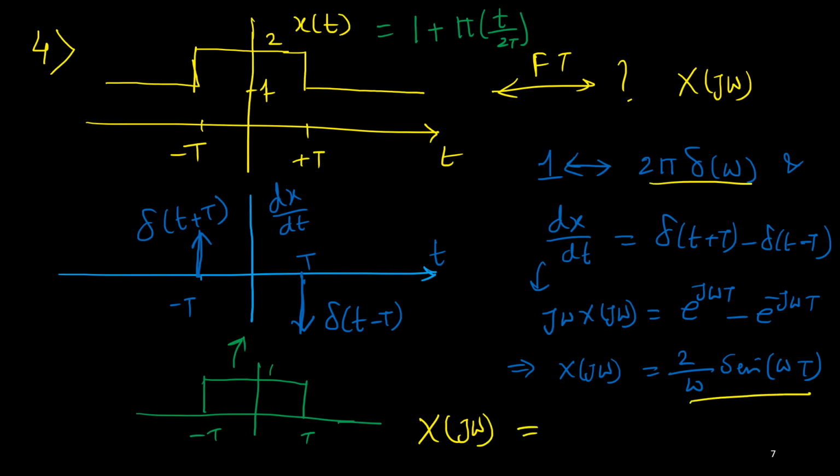It is 2 pi delta omega plus 2 upon omega sine omega T. So from here we can find, if we know that the Fourier transform of pi of t upon 2T is 2 upon omega sine of omega T, because by the principle of linearity we can get this one.